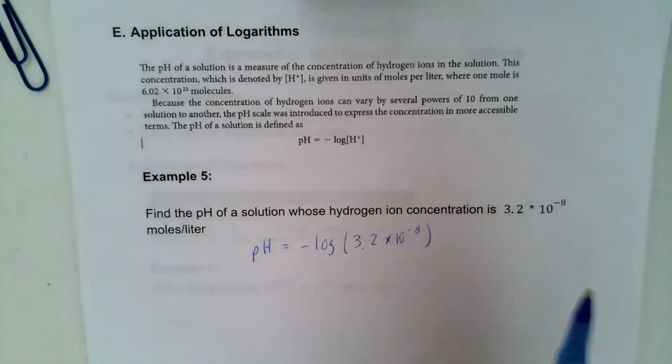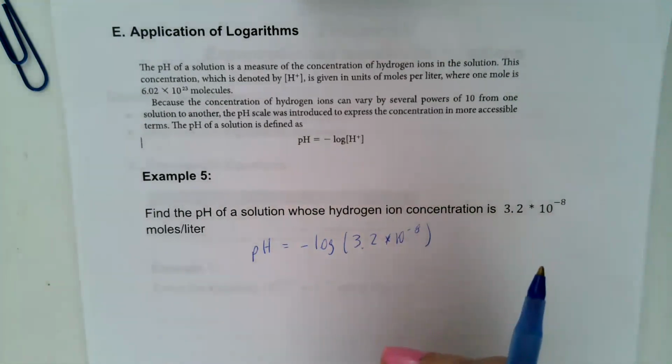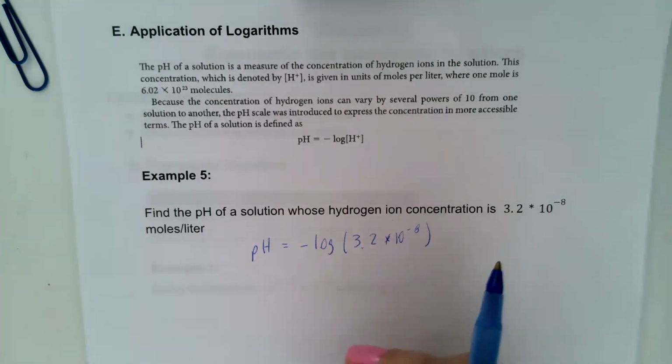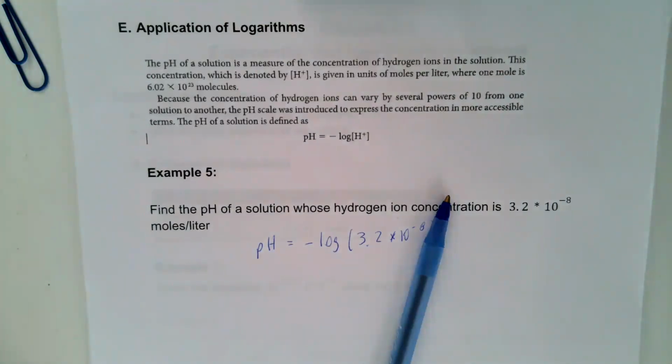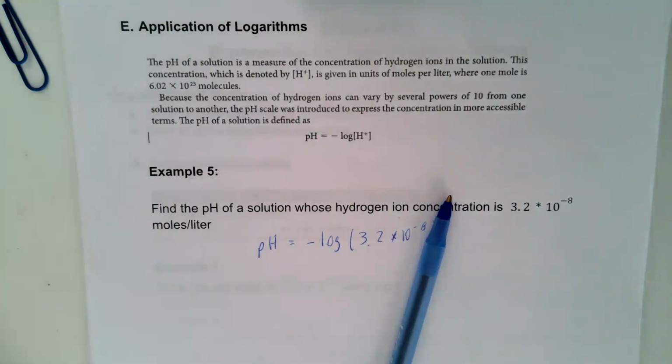So you can find the pH of things like milk and water. Milk is basic, but pickle juice is going to be acidic. So let's go to Desmos to do this.